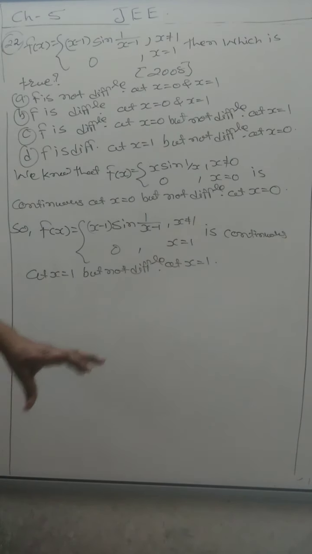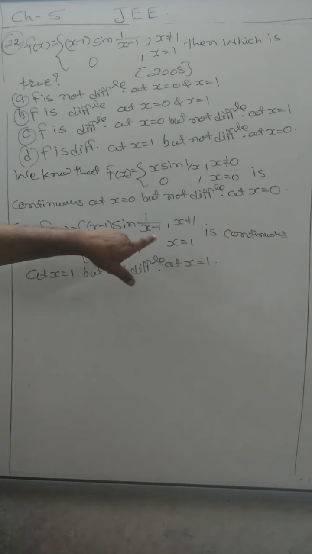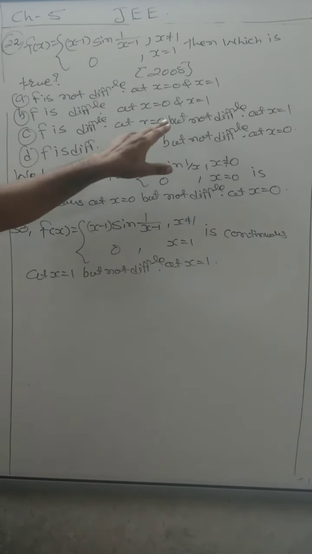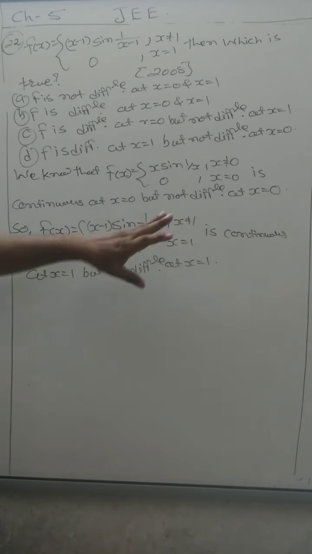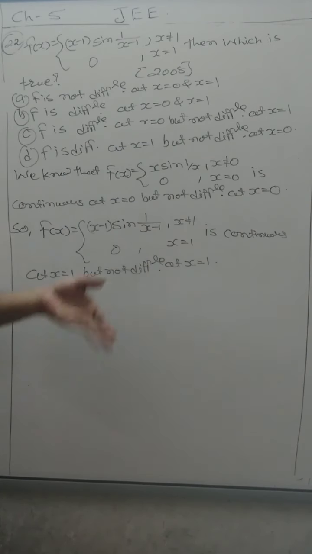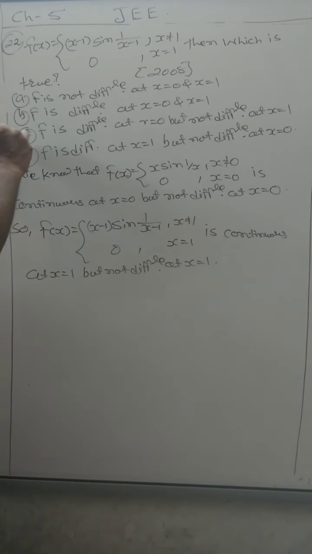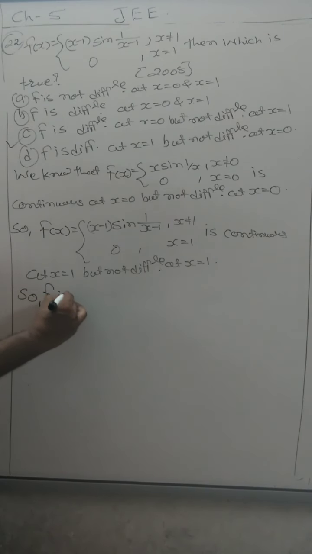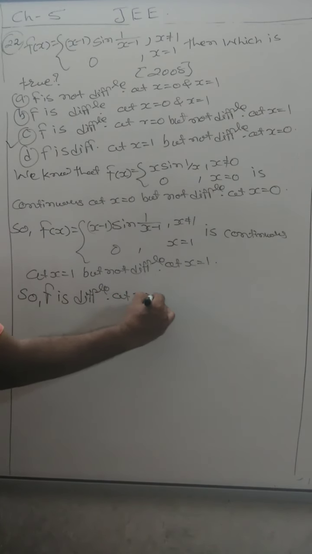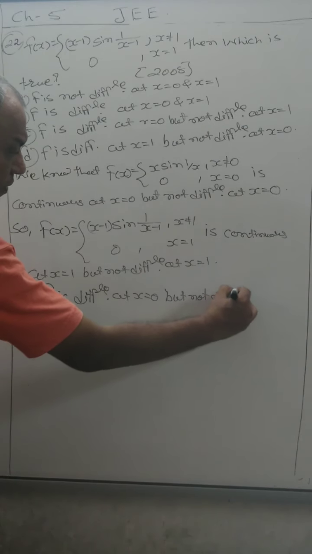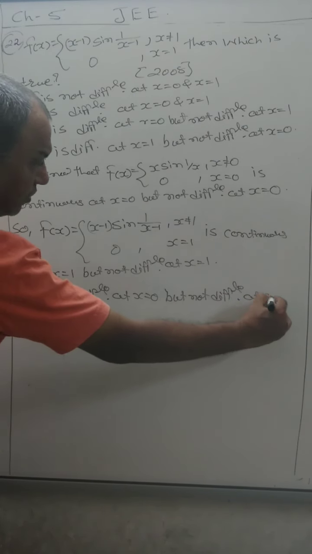So this way it is continuous at x equal to 1 but not differentiable at x equal to 1. So here the answer is C, so f is differentiable at x equal to 0 but not differentiable at x equal to 1.